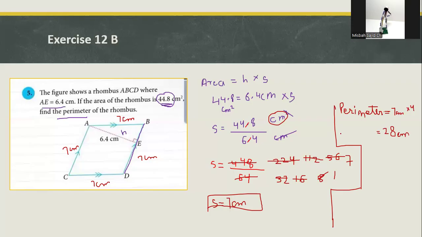So the perimeter is 28 centimeter. Each side of the rhombus is 7 centimeter, and a rhombus has 4 equal sides, so the perimeter is nothing but 4 into 7, that is 28 centimeter.